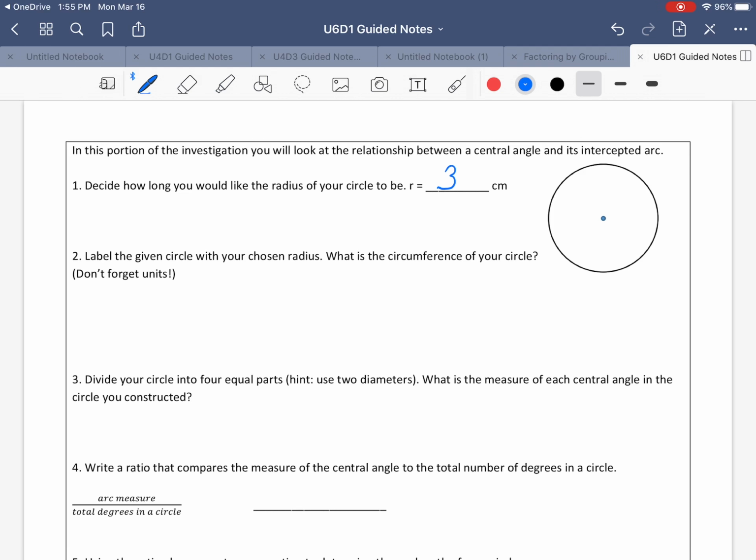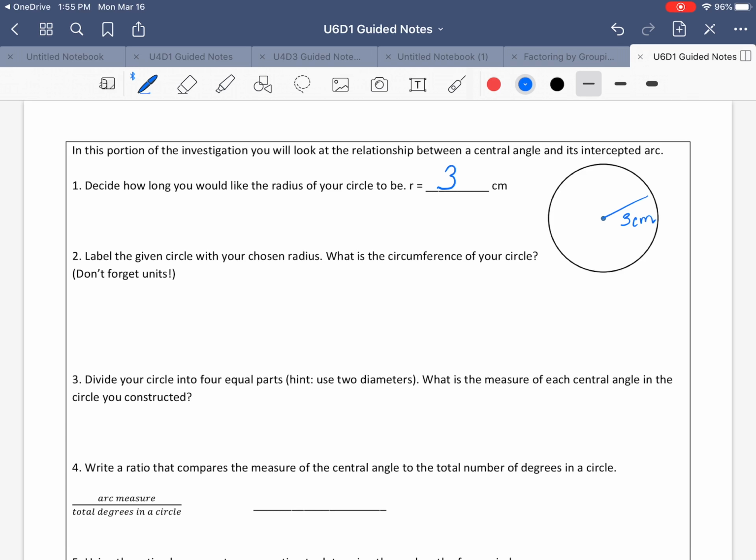All right, I want you to pick a number that is greater than 3. So not 1, not 2, not 3. A number greater than 3, and go through these same steps just like I am. So I've decided that the radius of my circle is 3 centimeters. From here going out, that is 3 centimeters.